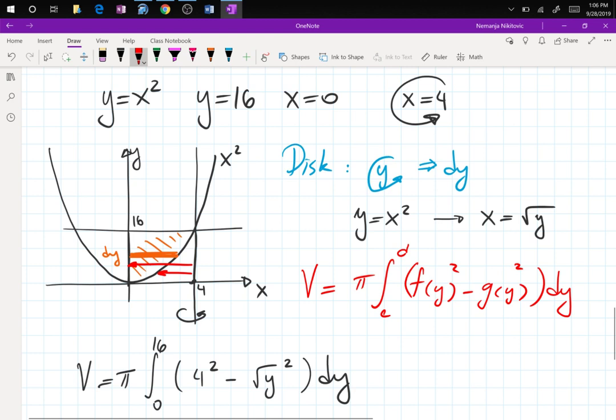The way they would put it is pi on the outside, 4 squared minus, and then in parentheses 4 minus square root of y quantity squared.